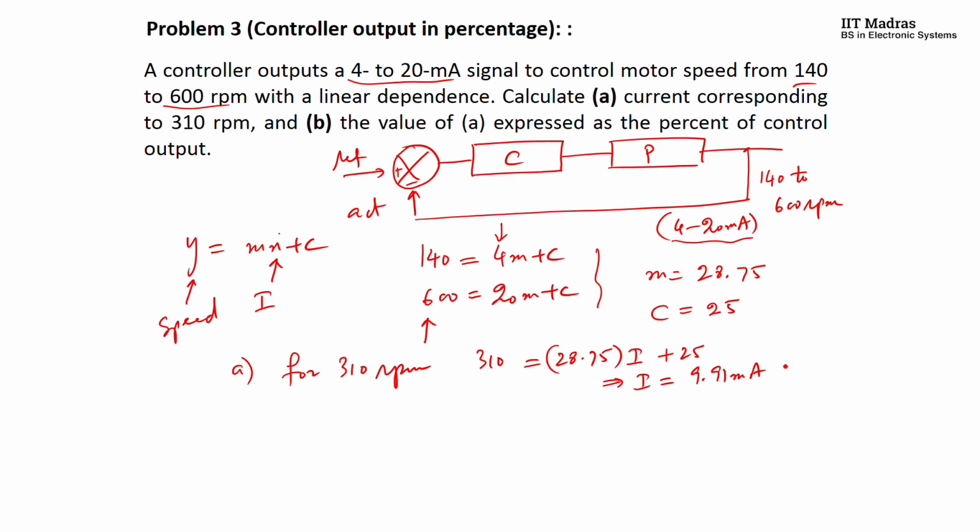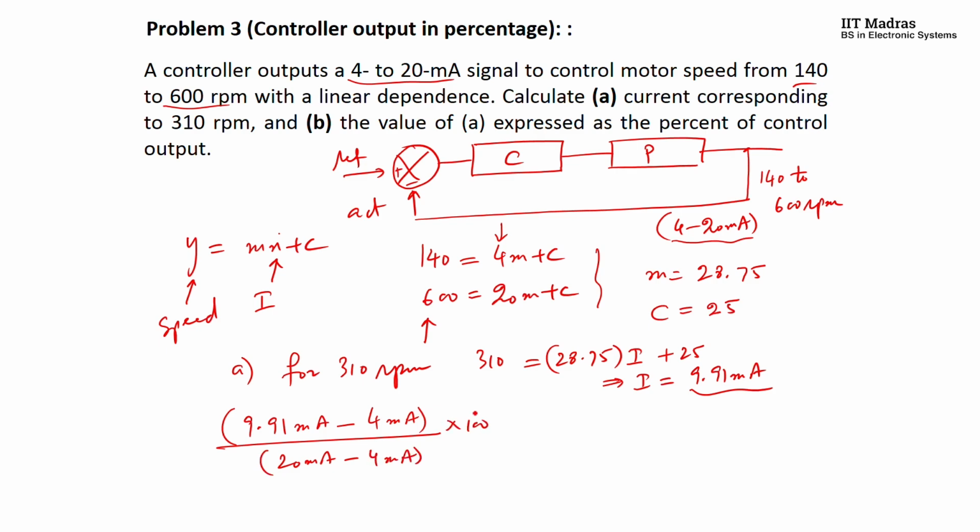The next question is the value of A expressed as a percentage of control output. What does that mean? You want to assess the value of current, 9.91, in terms of percentage of control output. As we did before, we subtract this value from the minimum value of the range, that is 4 milliamps, divided by 20 milliamps, which is the span, and multiply by 100.